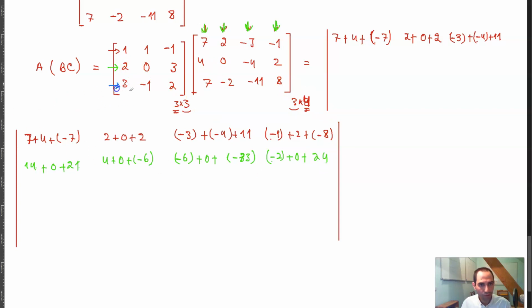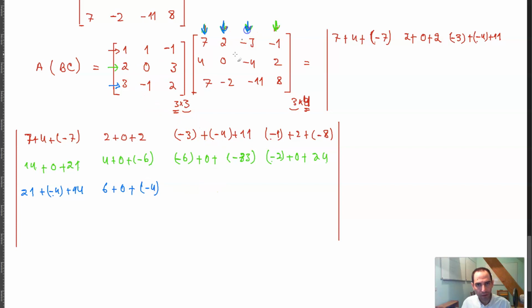Then I'm going to move to this row and this column. 3 times 7 is equal to 21. Negative 1 times 4 is equal to negative 4. And 2 times 7 is equal to 14. Then this column: 3 times 2 is equal to 6, negative 1 times 0 is equal to 0, and 2 times negative 2 is equal to negative 4.